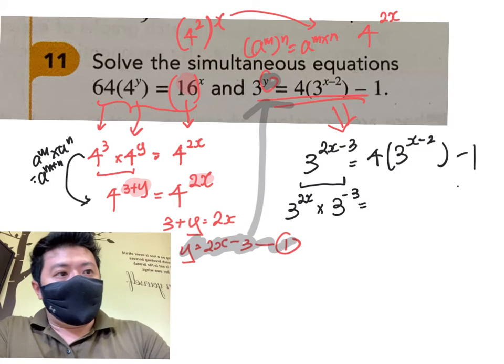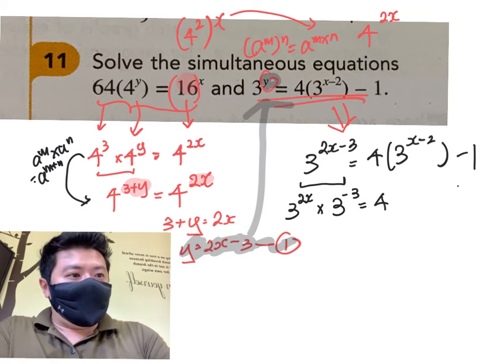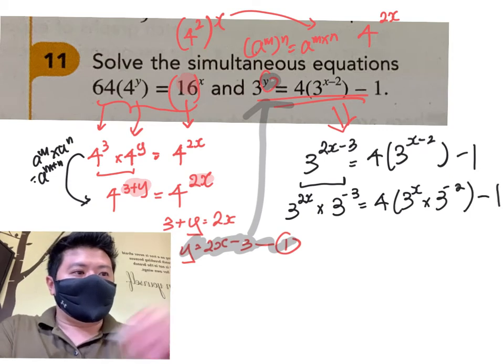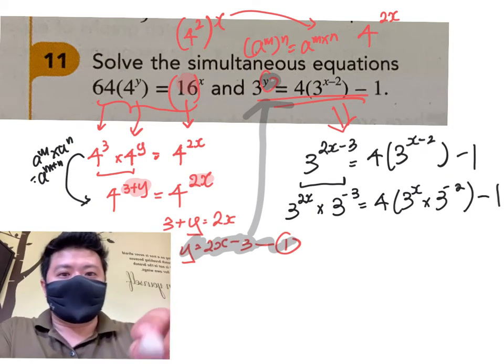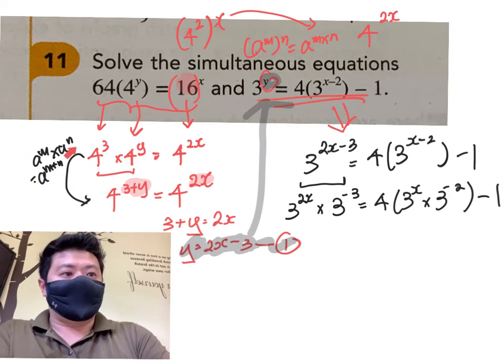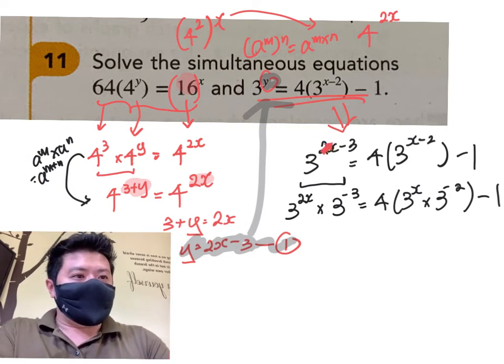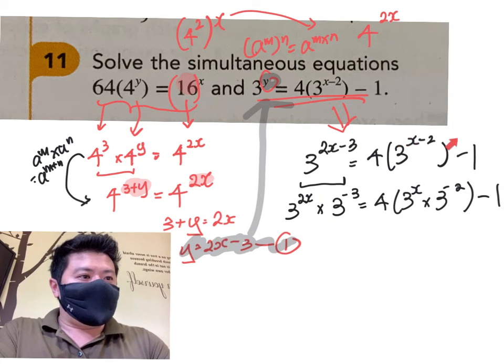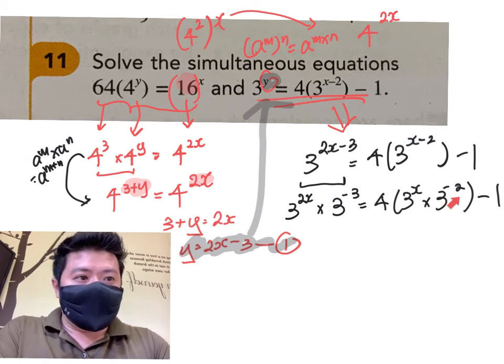This portion here is 4 multiplied by 3 to the power of x, 3 to the power of minus 2, minus 1. This is basically just reversing the product law, like 2x plus negative 3, x plus negative 2. I'm just reversing the product law for indices.